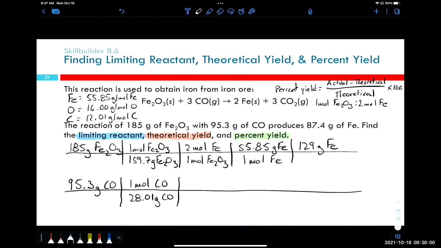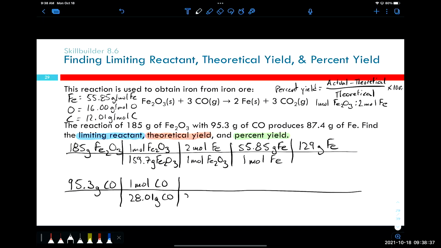And then we want to convert from moles of carbon monoxide to moles of iron. We want to convert to the same thing because we want to be comparing the same thing. All right, we want an apples to apples comparison, not an apples to oranges comparison. So we look at our reaction equation to get our mole to mole ratio, and we can see that for every 3 moles of carbon monoxide, we can produce 2 moles of iron.